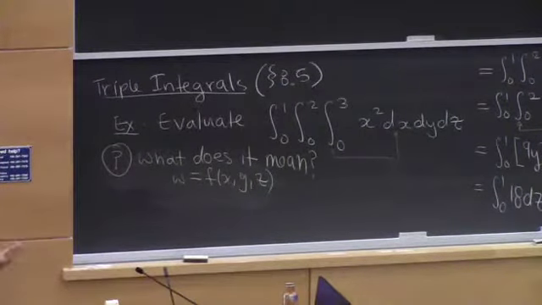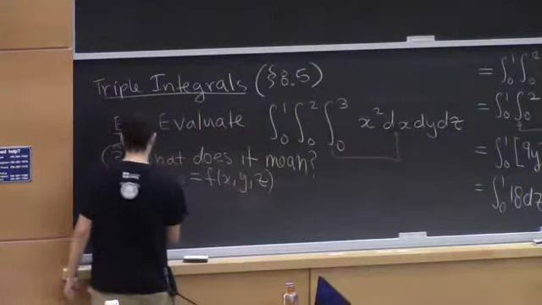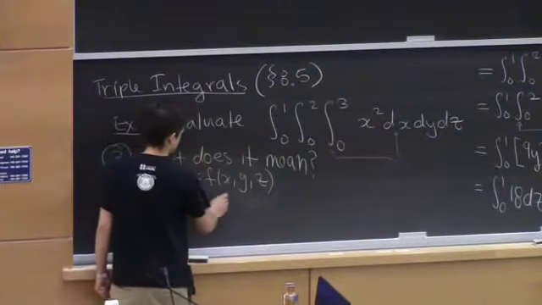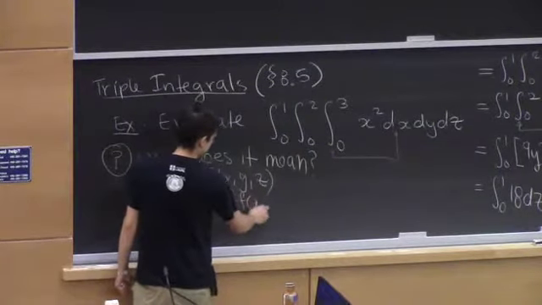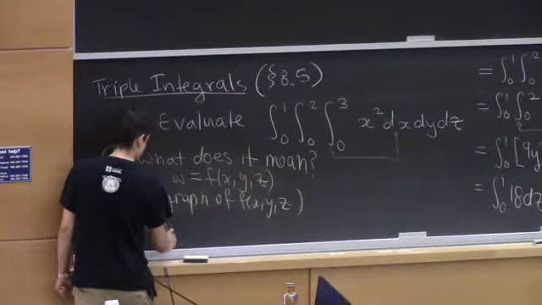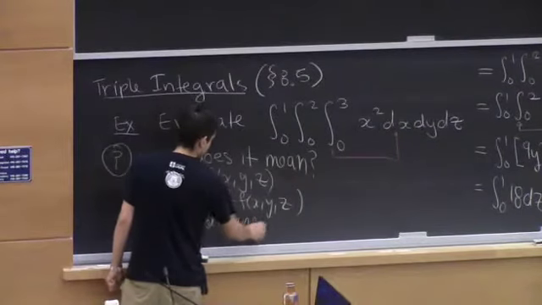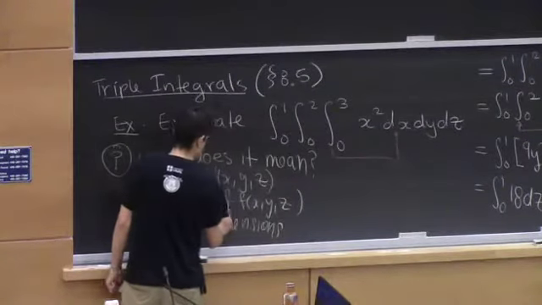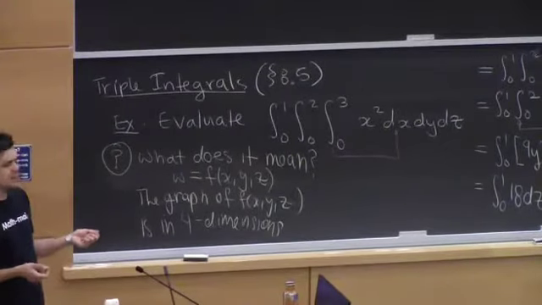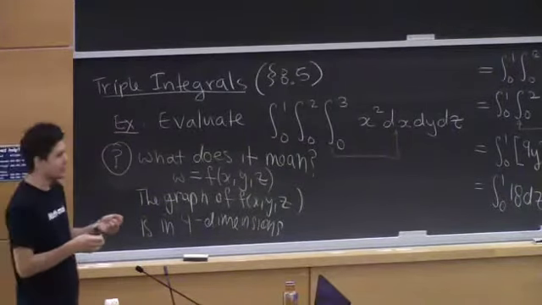The graph of a three-variable function lives in 4D. So we could think of this as being the volume under a 4D graph.